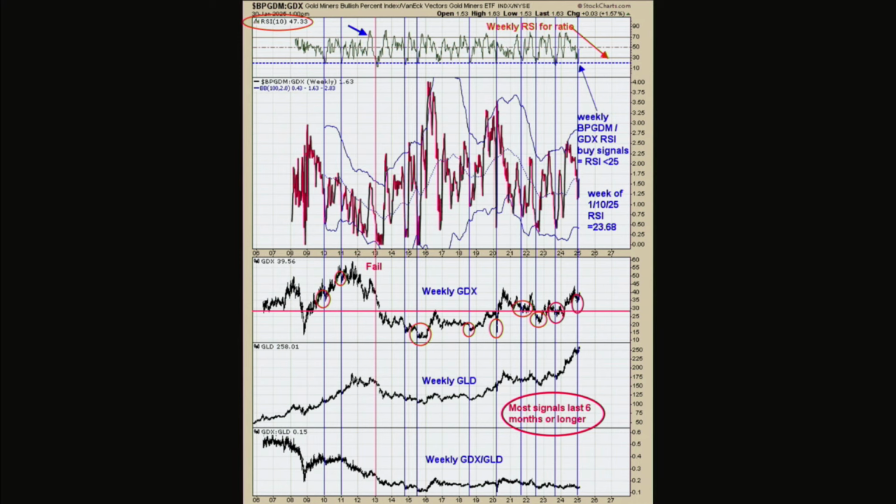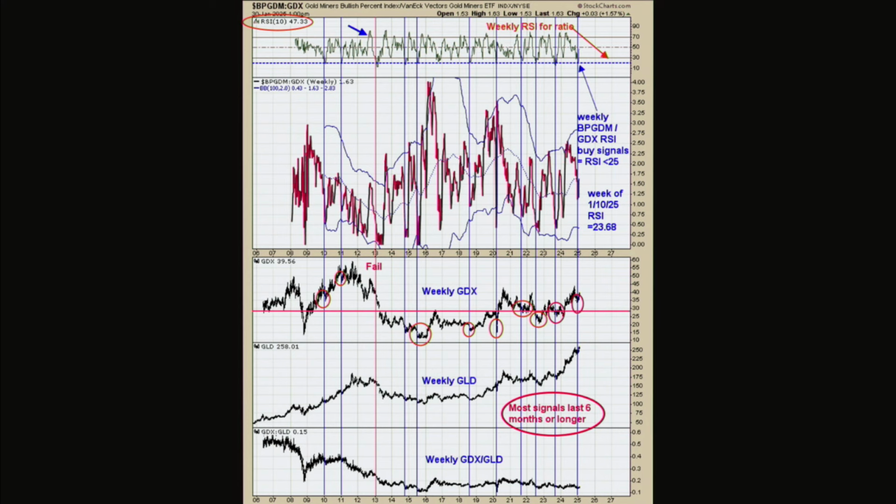I like to use multiple buy signals from different methods. The next method is a weekly cumulative advance-decline, or weekly inflation-deflation ratio. RSI got below 30 and turned up, and I think this came right around that January 10th time frame too. So two different indicators give me quite a bit of confidence that the next rally is about to begin.